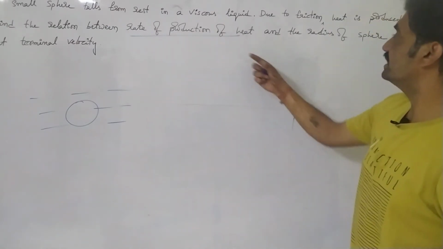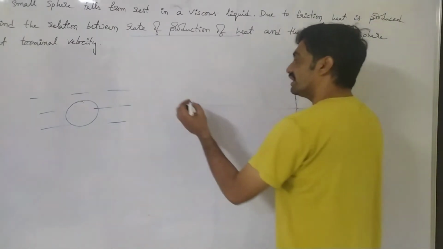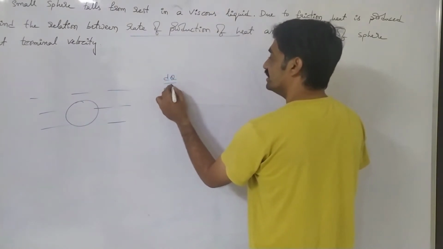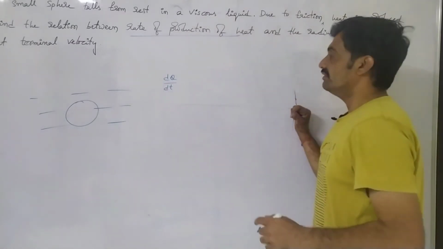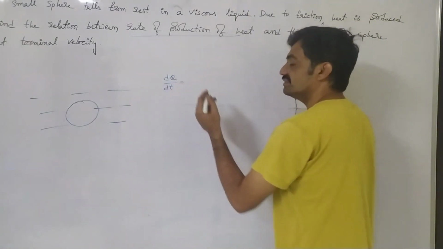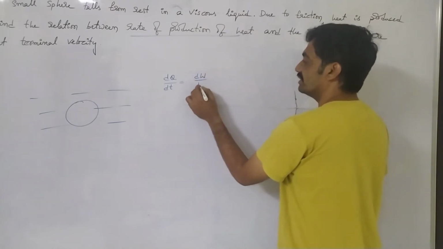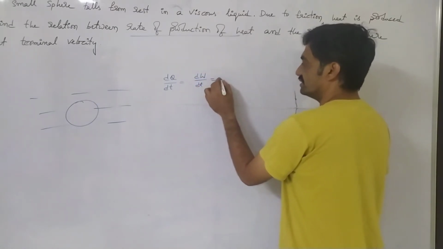Now we have to represent the rate of production of heat. Here rate of production of heat is represented as dQ by dt, whereas we know that heat is nothing but work done, so it can be represented as rate of work done, nothing but power.